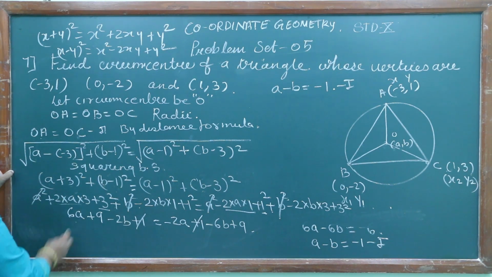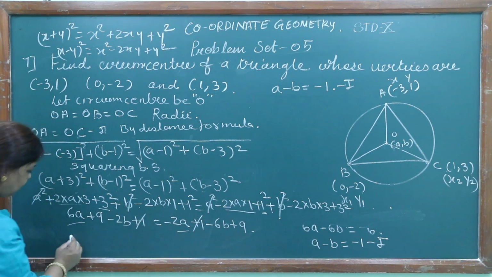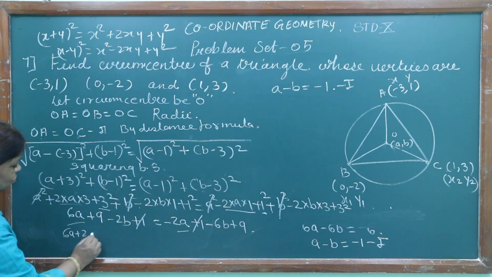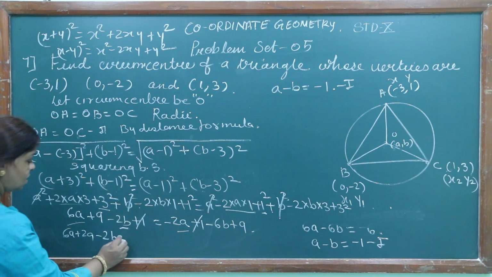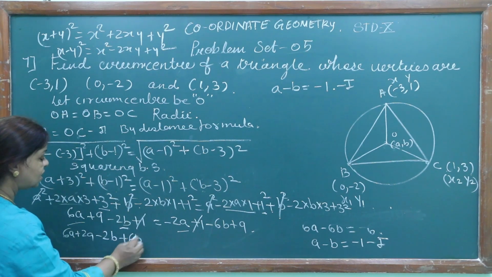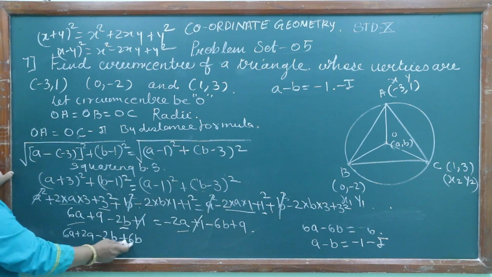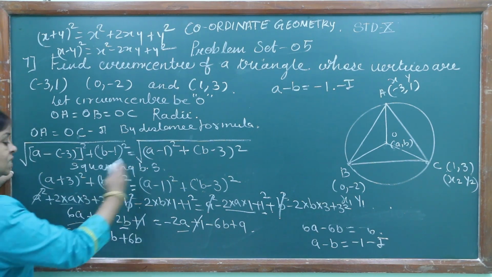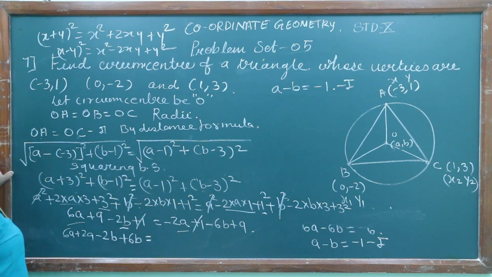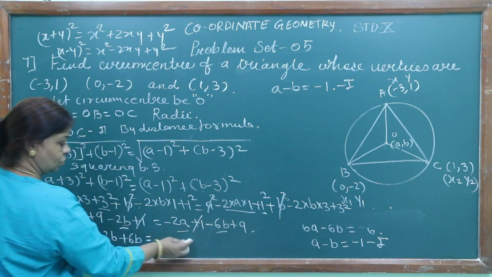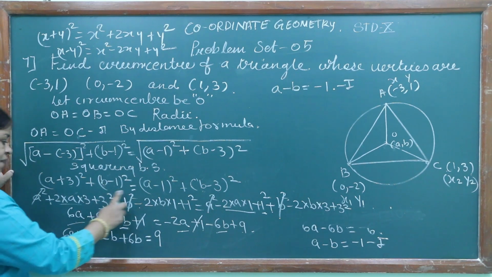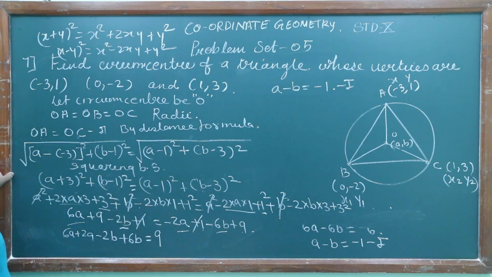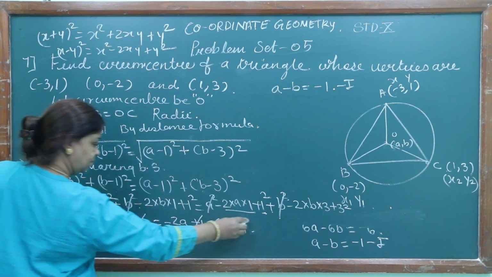So 6a, all like terms will come together. 6a and minus 2a, 6a plus 2a, minus 2b and plus 6b, because 6b I am bringing this side, so it will become plus 6b, and numbers I will bring that side. So 1 cancels, 2a I took this side, 9 is here, and this 9 I am shifting this side. So even 9 is getting cancelled, children, see.